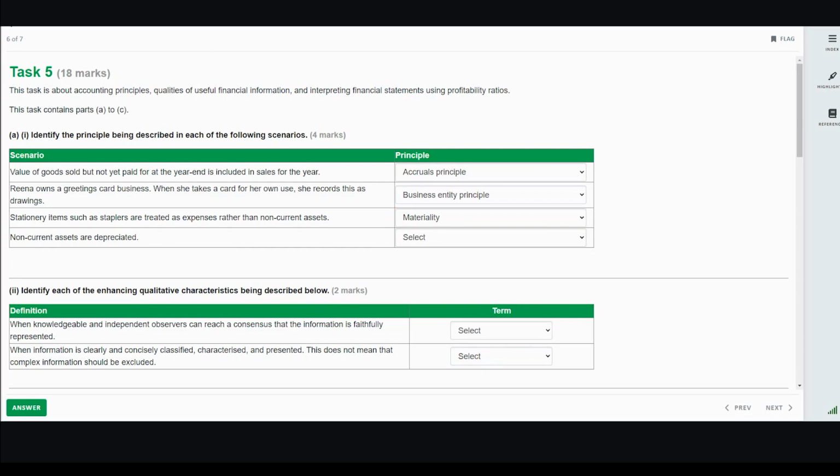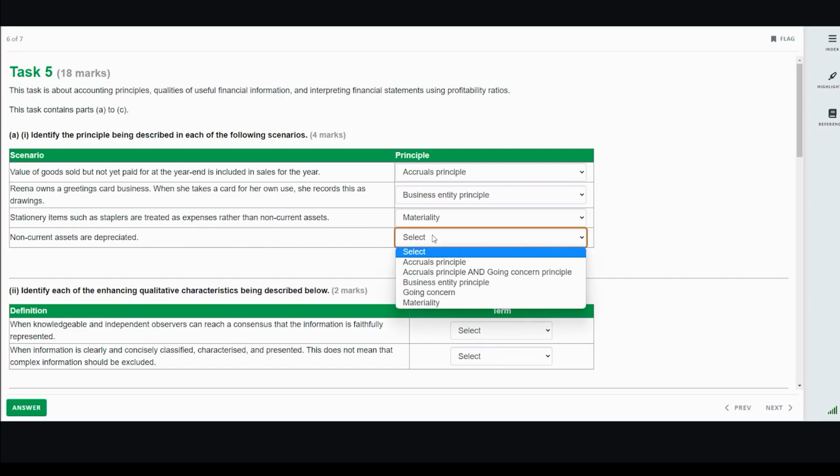The next one then, non-current assets are depreciated. So if non-current assets are to be depreciated, it's so that we show a true and fair value within the accounts. So we're not overstating the value of the assets on the statement of financial position and so on. Okay, so it also means that if we're going to depreciate, the business is going to continue.